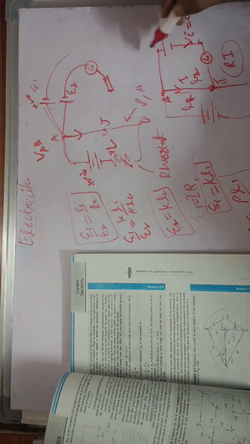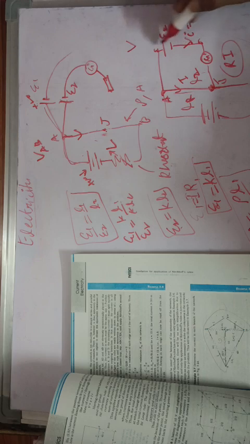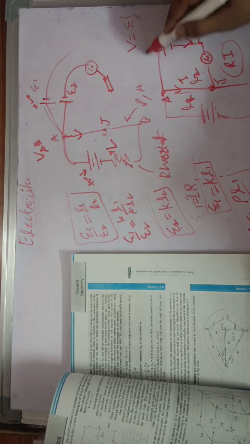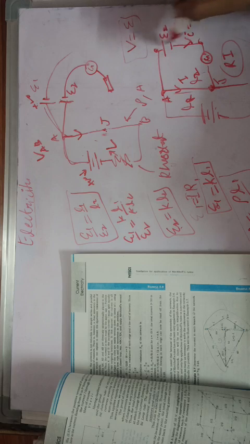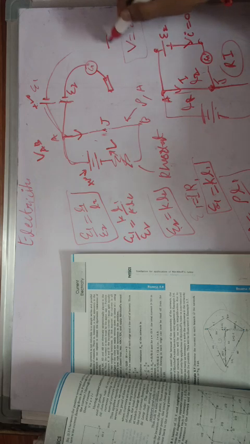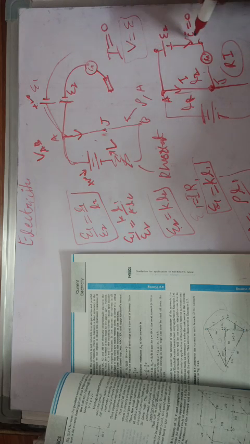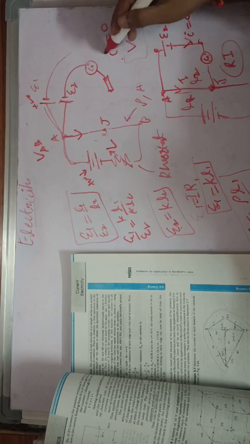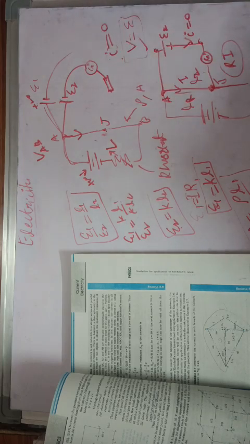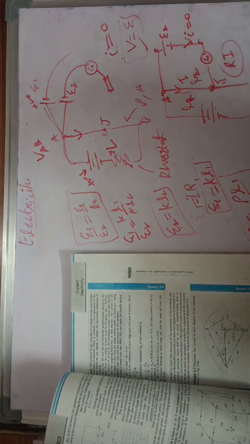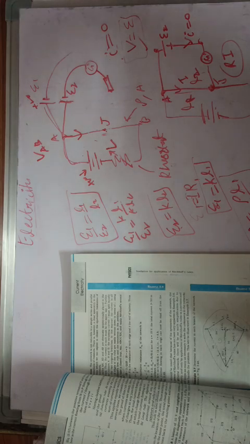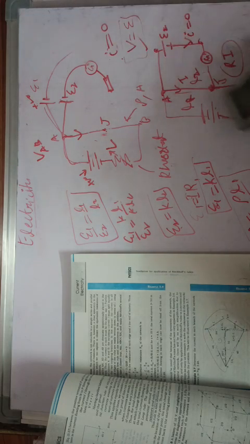We can only measure the potential across this cell, and this potential becomes the EMF of the cell only when the current through the cell, this I, becomes 0. Only then this will be possible. So that is why the potentiometer is a good method of measuring potentials.